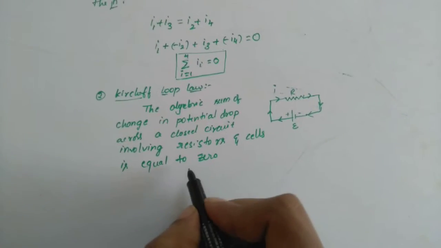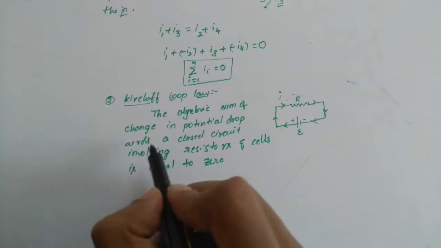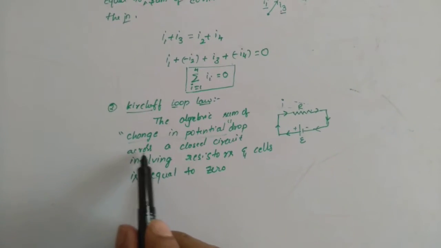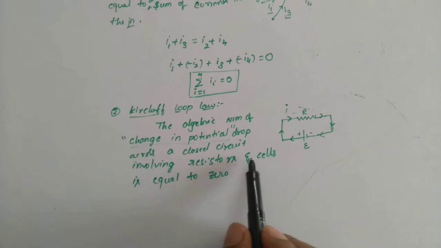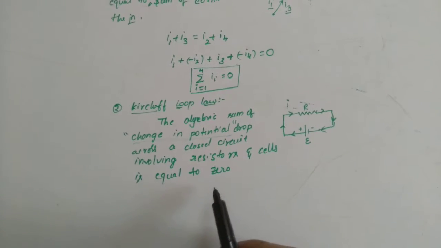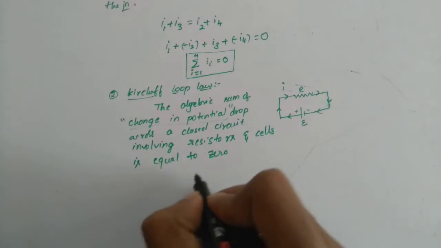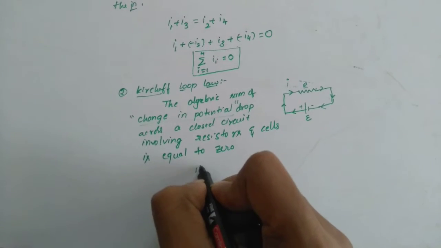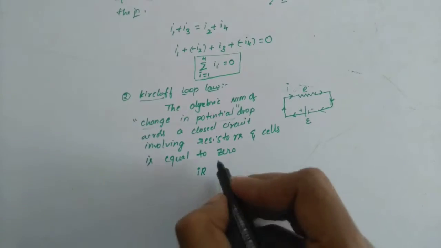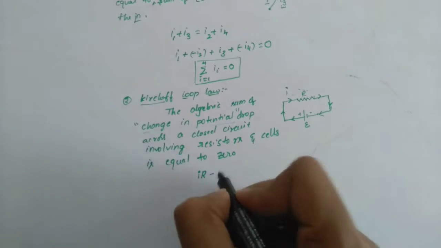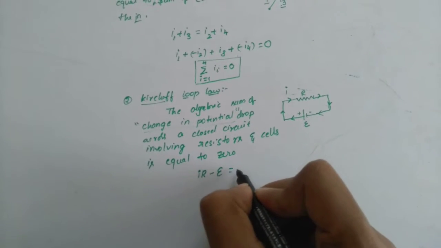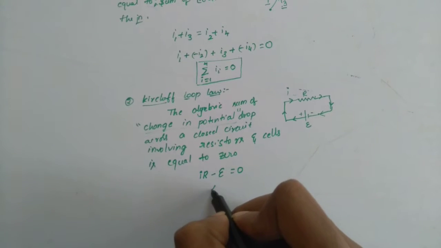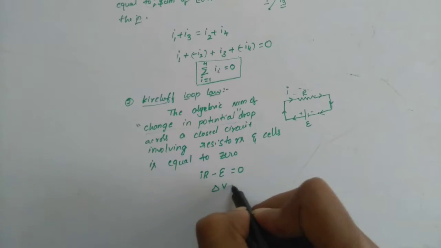So here this point you need to remember, the algebraic sum of change in potential drop across a closed circuit involving resistors and cells is equal to 0. Therefore from this circuit, IR is the potential drop across the resistor minus the EMF of the cell E, this must be equal to 0. So this can be taken as change in potential, delta V, is equal to 0.